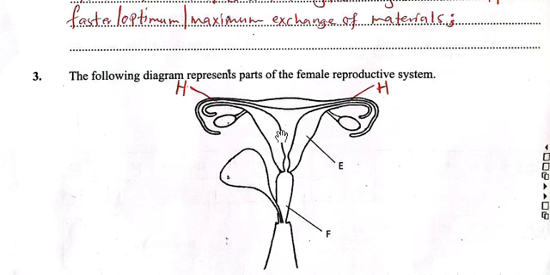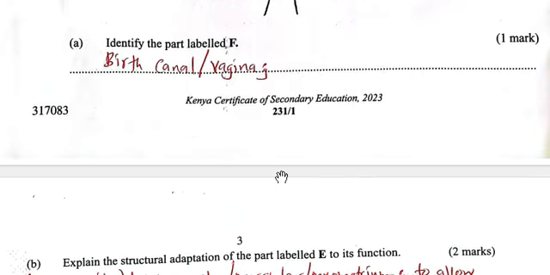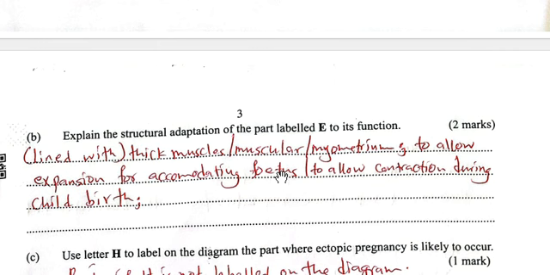But in the case of ectopic pregnancy, it fails and implants itself at the wall of the oviduct. That is ectopic pregnancy, and if not taken care of, it can lead to severe pains and even death.